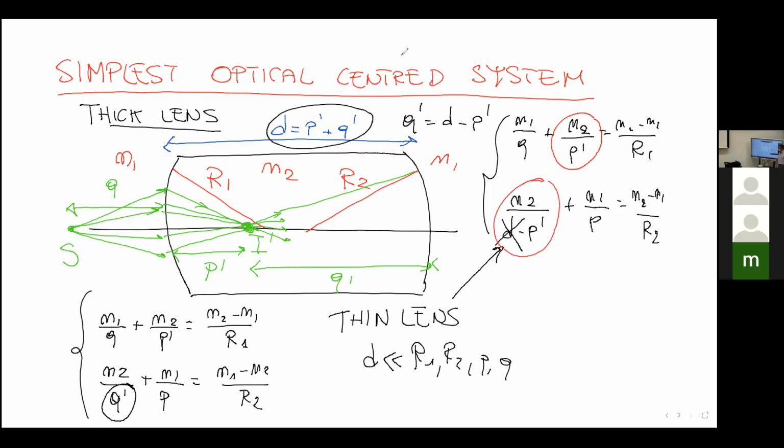Is there a question from remote? Yes, N1 minus N2 over R2. You must write N1 minus N2 over R2. Ah, sorry, I made a mistake because I was running. You're right. This is N1.